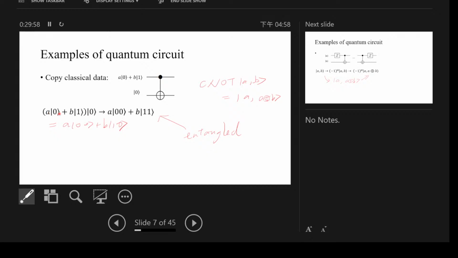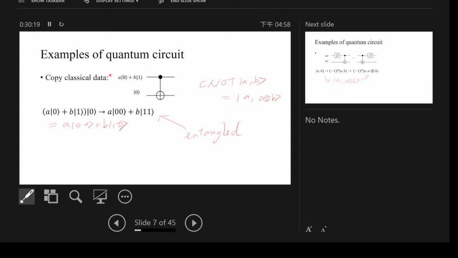So it's A times 00 plus B times 10. And when you do CNOT on this thing, then CNOT on A00 becomes still A00, and CNOT on B10, so you have 1 added onto 0 becomes 1, so B times 11.